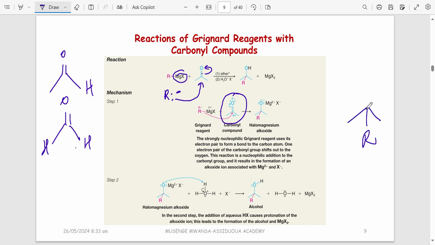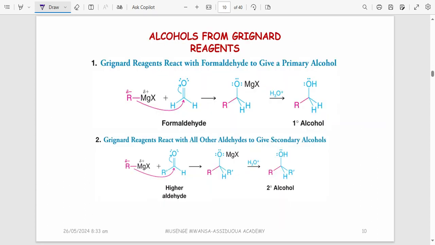We had our R group and then oxygen. This oxygen is negatively charged. The next thing is that the oxygen will grab a hydrogen from protonated water or hydronium to form now an alcohol. So that is the mechanism. You see, when you react a Grignard reagent with aldehydes or a ketone, you form an alcohol.